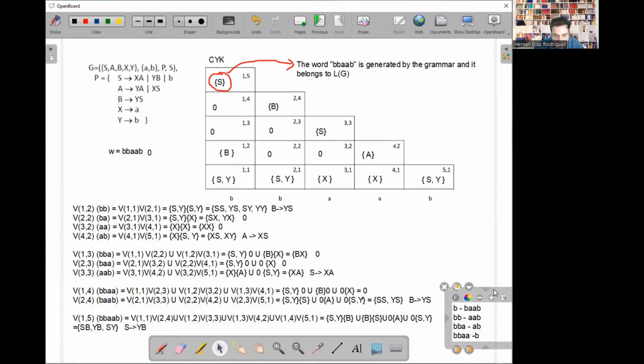So these are the four possibilities that we have. It means that I could generate this word, with two variables, with some production rules of this type.